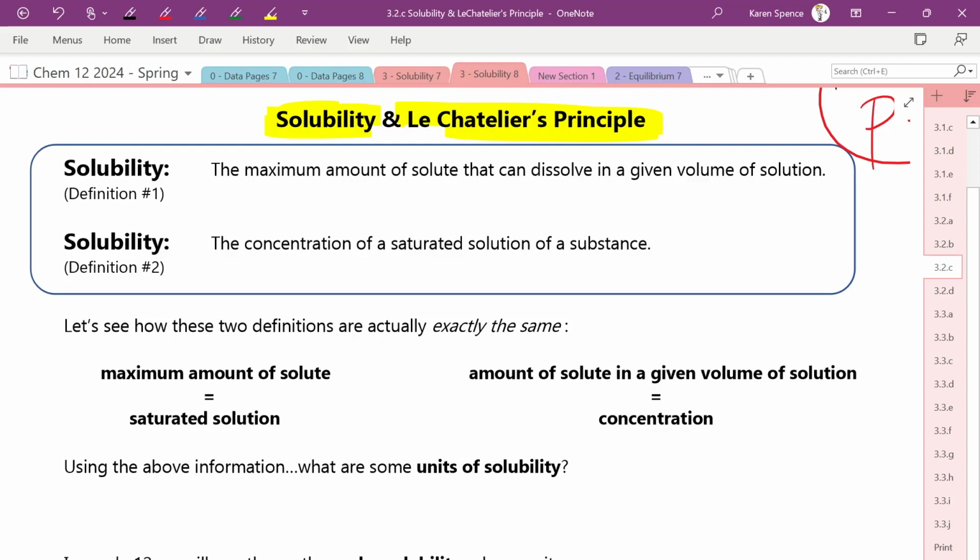So solubility is the maximum amount of solute that can dissolve in a given volume of solution. You can also define solubility as the concentration of a saturated solution.